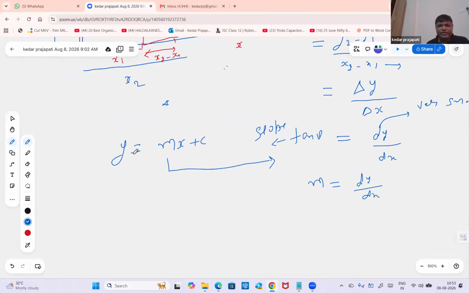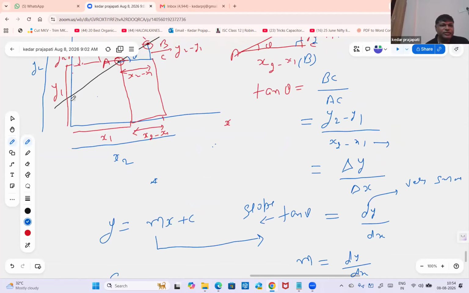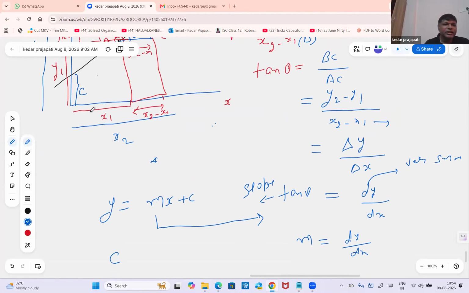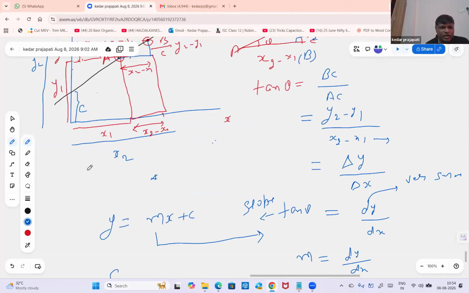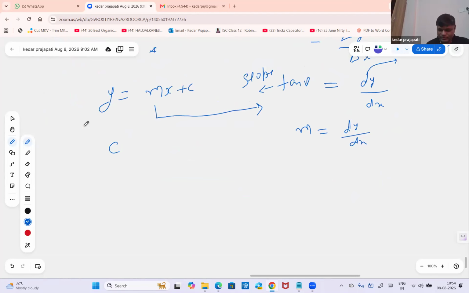And what is c here? Intercept. So c is this distance. Right? C is this distance. Intercept means how far this point is from origin. C is intercept.